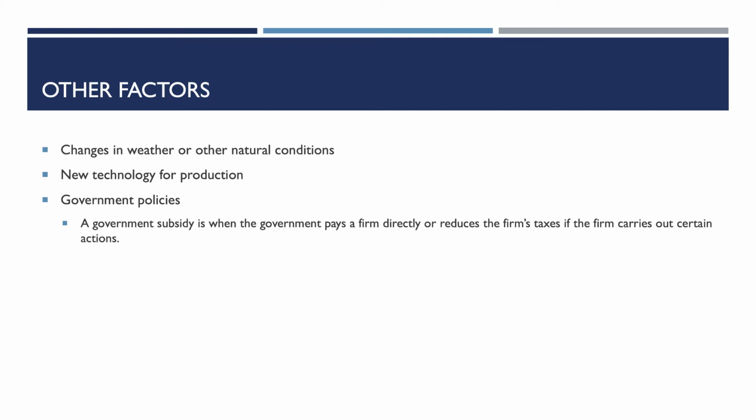When a firm discovers a new technology that allows it to produce at a lower cost, the supply curve will shift to the right as well. For instance, in the 1960s, a major scientific effort nicknamed the Green Revolution focused on breeding improved seeds for basic crops like wheat and rice.